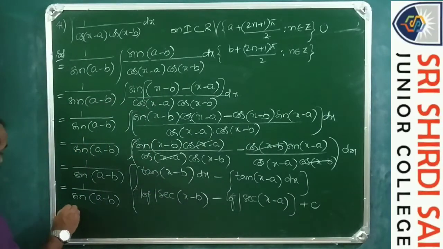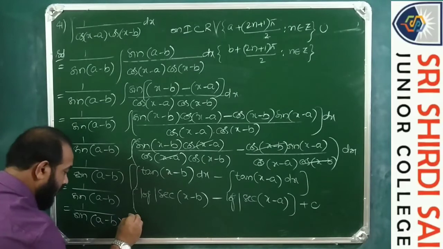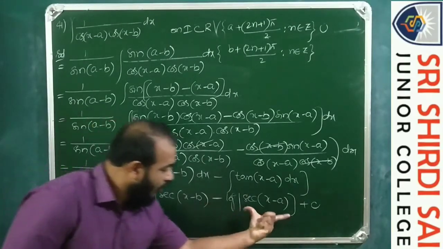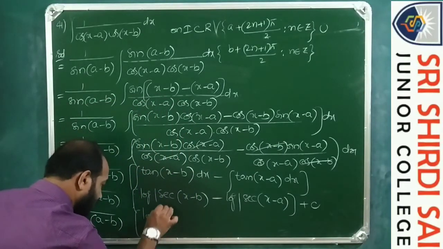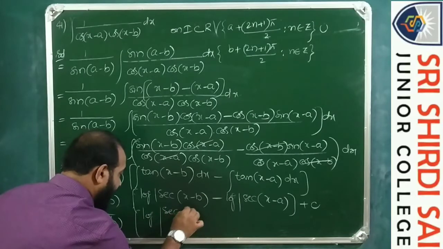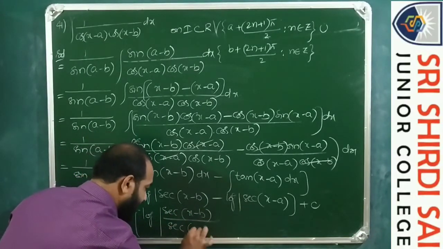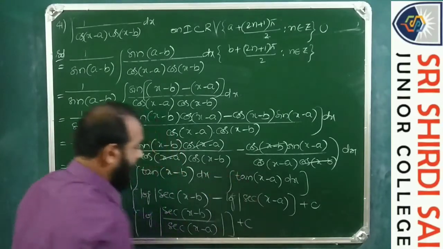So this is equals to 1 by sin a minus b into this is log a minus log b, log a by b. So log secant x minus b by secant x minus a plus constant of integration c.